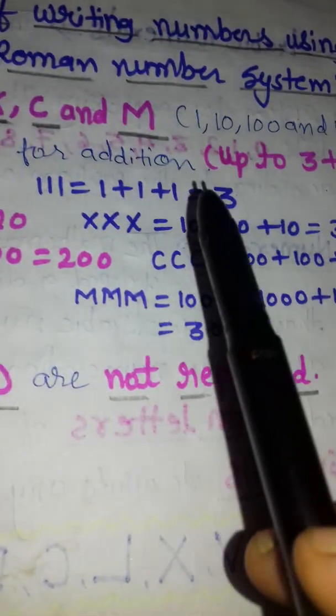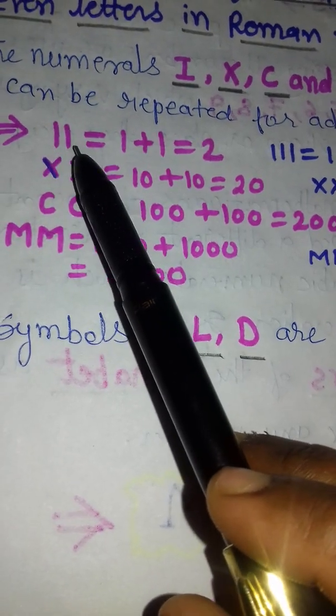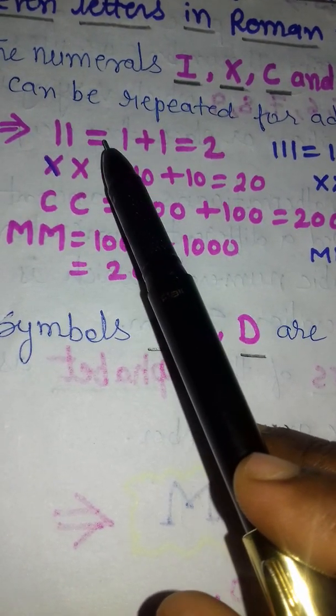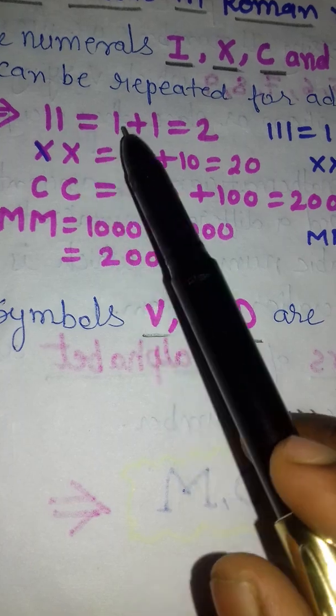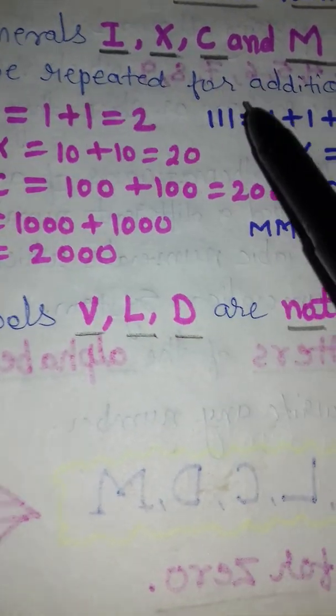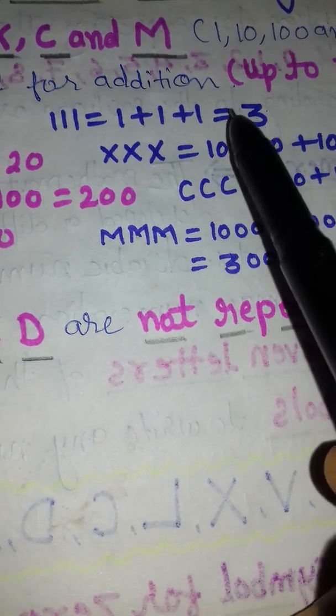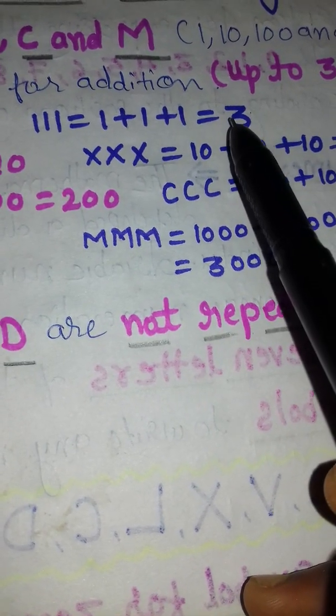Remember it? For example, suppose 2 times I is there. So 2 times I means 1 plus 1, which comes to 2. If it is 3 times, then 1 plus 1 plus 1 is equal to 3.